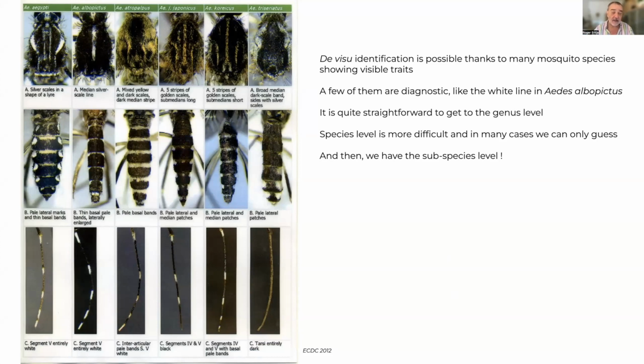And here ECDC provided this kind of fact sheet to allow people, mostly not very experienced people or people that are only working on pictures, to know which things to look at to assess species probability.